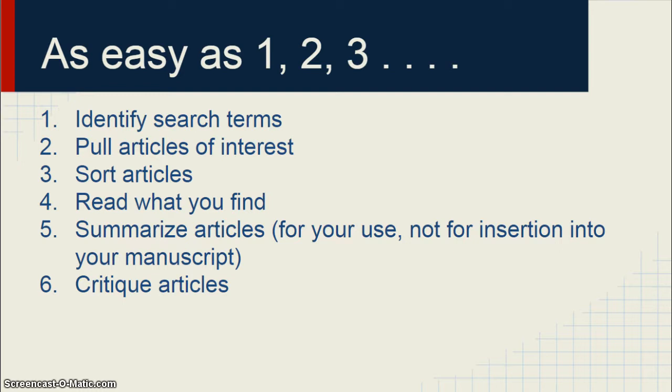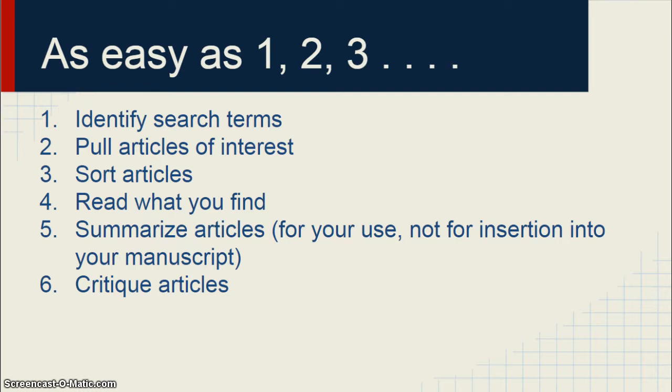Something else I'm posting, or is posted on Canvas, is a search tool to help you keep track of your searches. You may have utilized this in ADM 630, so hopefully it's familiar to you. But what you'll see is it's basically just a table that you can use as a tool to help you keep track of the searches that you've conducted.